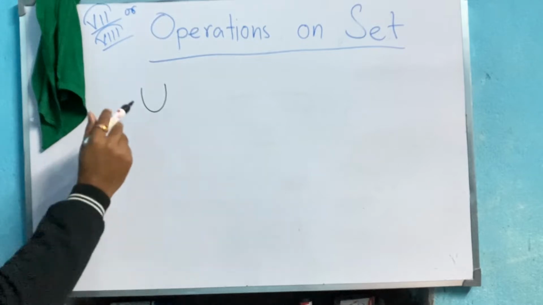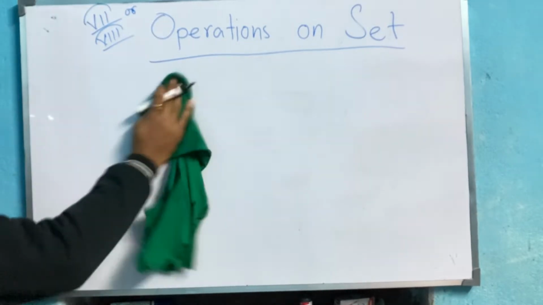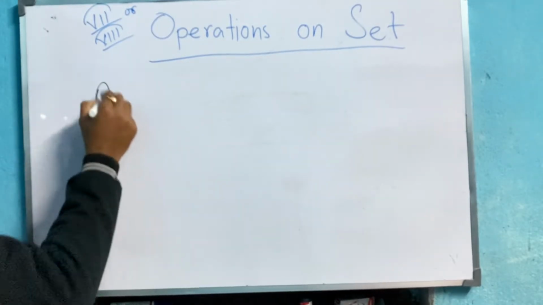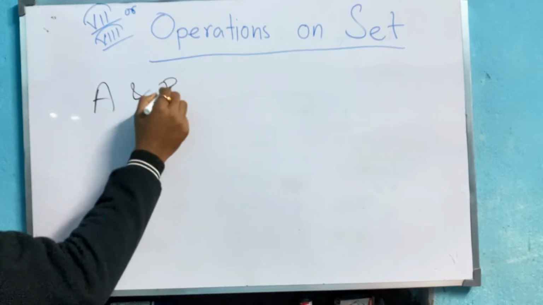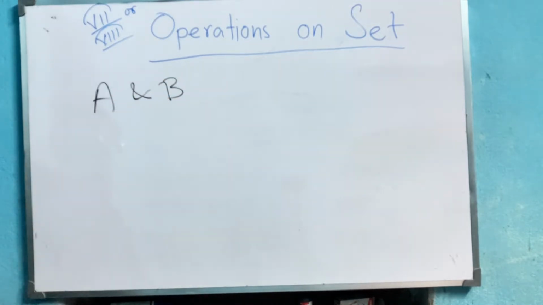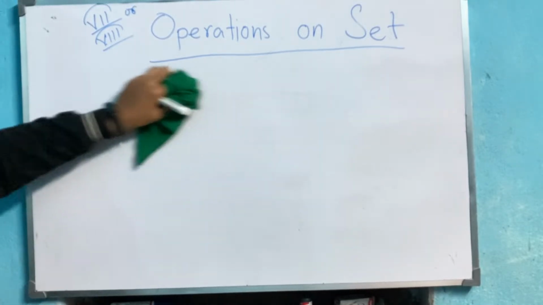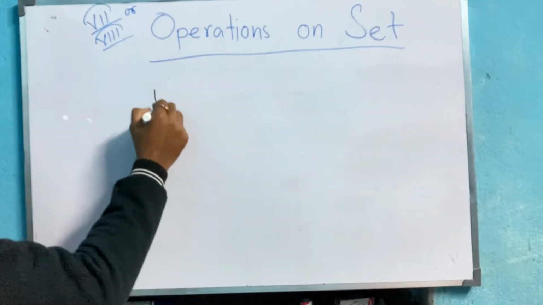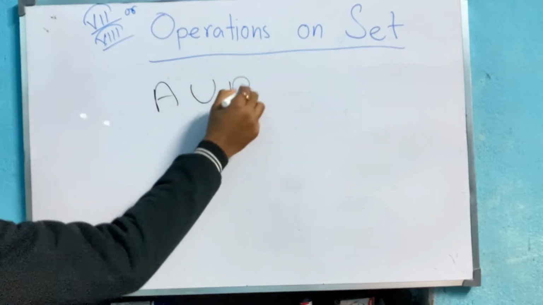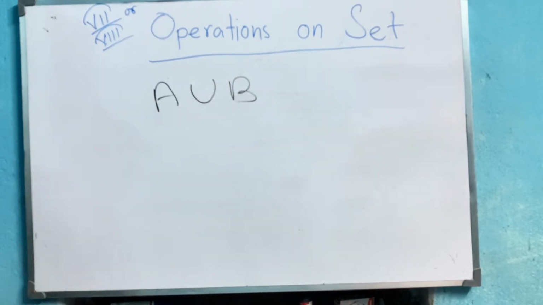For two sets A and B, the union of A and B can be written like this: A union B. By this way we can write the set operation of union of two sets.